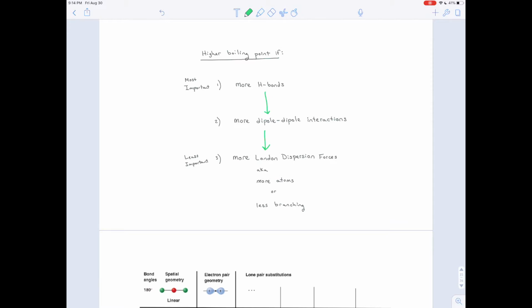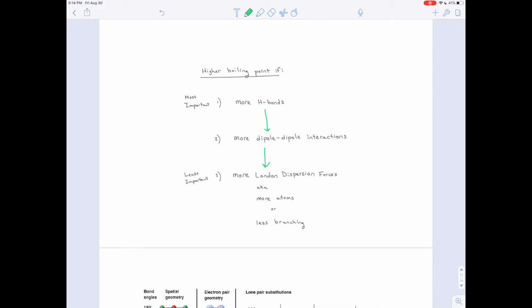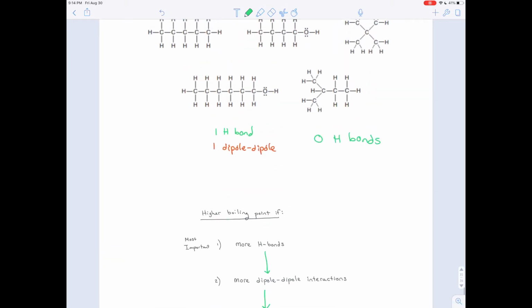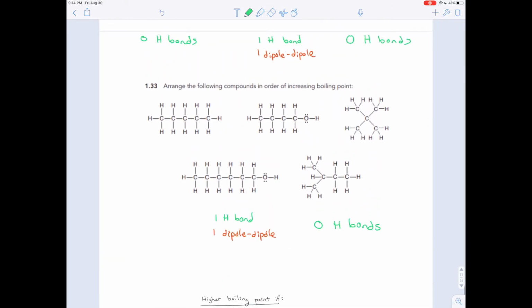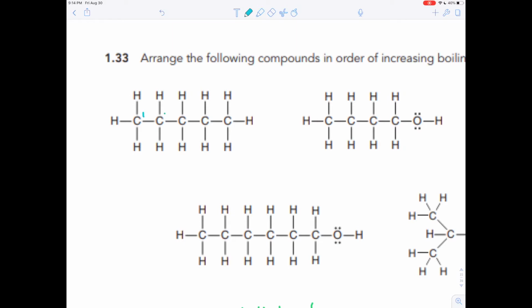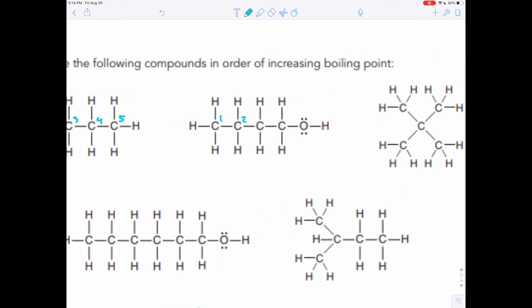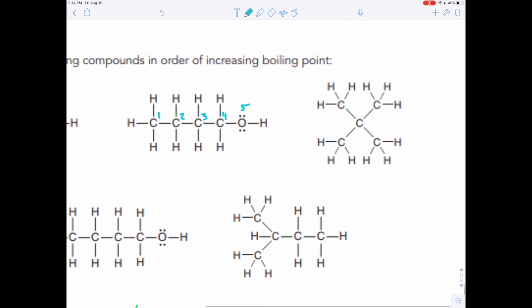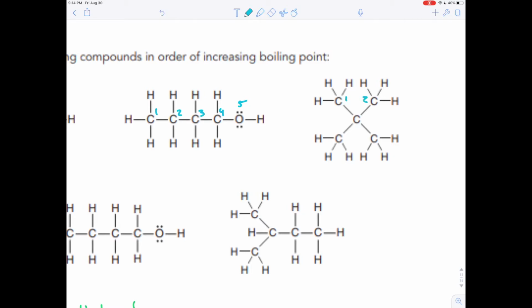And so which one of these is going to have more London dispersion forces? First, let's think in terms of atoms. Does anything here have more atoms than the other thing? So let's count these up. Here I've got 1, 2, 3, 4, 5. Here I have 1, 2, 3, 4 carbons, and an oxygen. Let's include that one. Here I have 1, 2, 3, 4, 5.